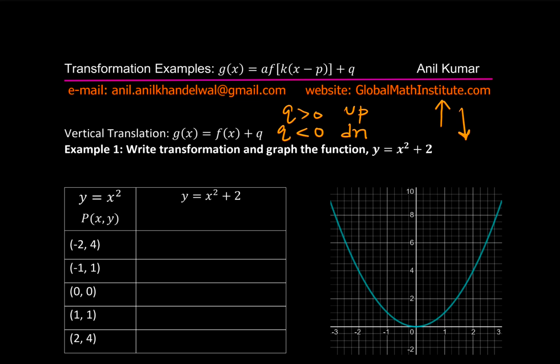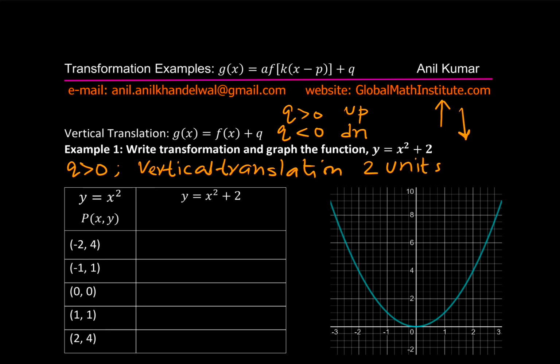Now, in our example 1, we have to write the transformation and graph the function y equals x squared plus 2. In this case, the q value is 2, more than 0. Since q is greater than 0, there will be a vertical translation by 2 units upwards.